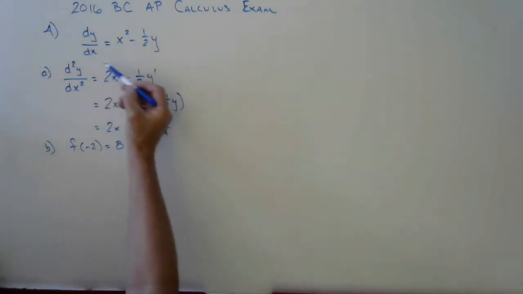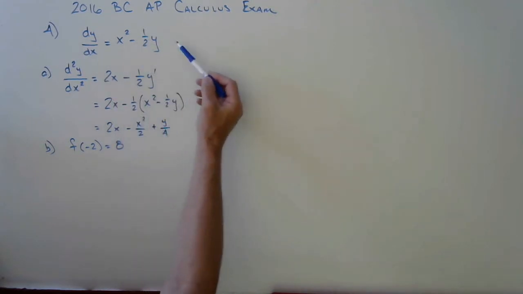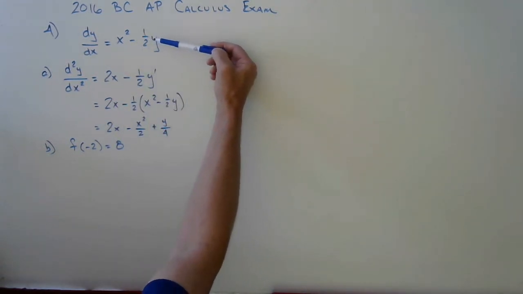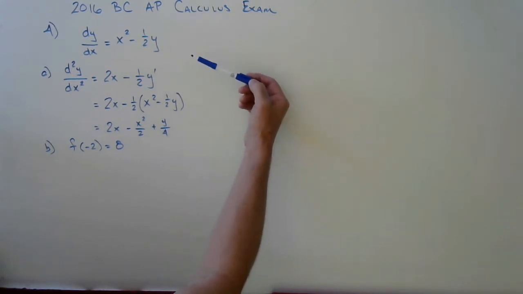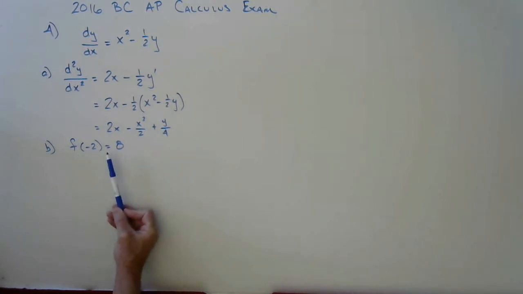Remember, there is a solution to this differential equation. The solution involves a plus c, a constant of integration. So there is a family of solutions to this differential equation, an infinitely large number of solutions because, of course, c is an arbitrary constant. In part B, they've said, I want to know about that one solution.